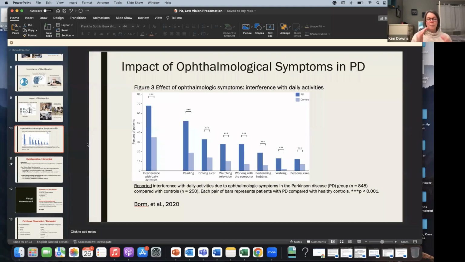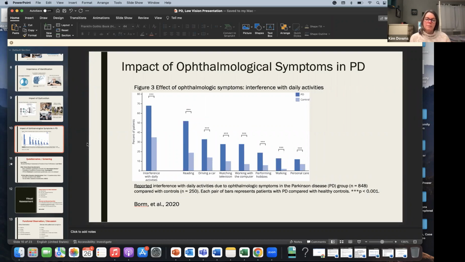So one of the tiers of the study that I mentioned before looked at people with Parkinson's disease with low vision and, quote unquote, healthy individuals with a low vision diagnosis, or visual changes is how they worded it. What they found was that when someone with Parkinson's has a visual change, the interference with their daily activities is much greater than for someone without Parkinson's.